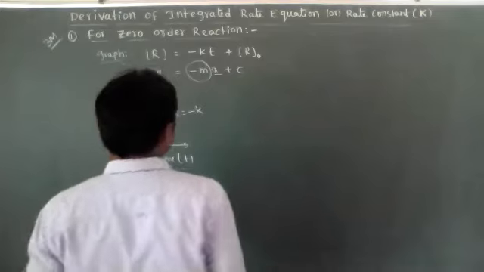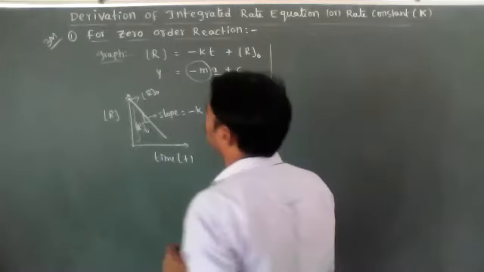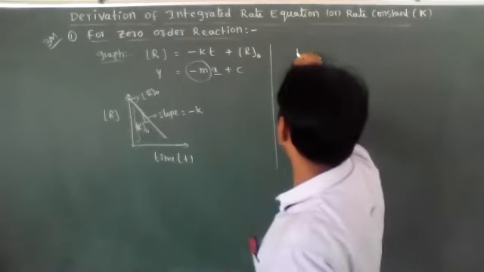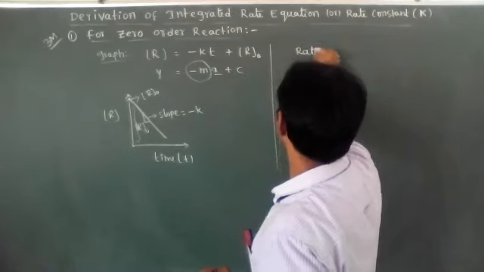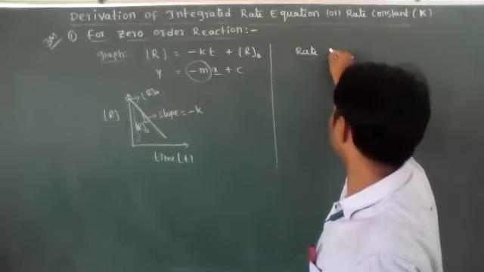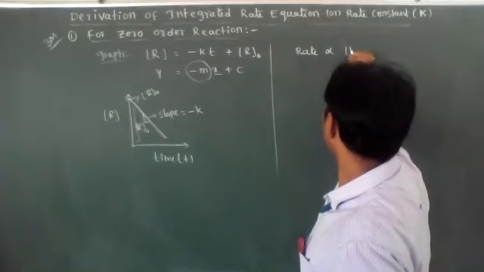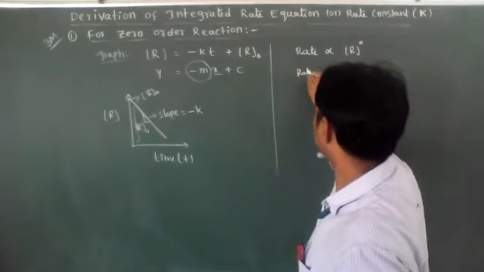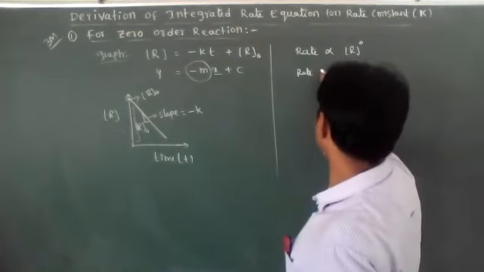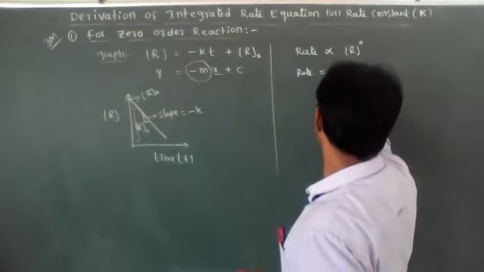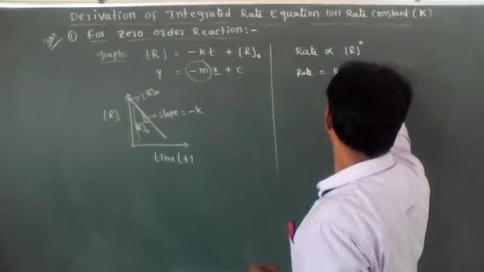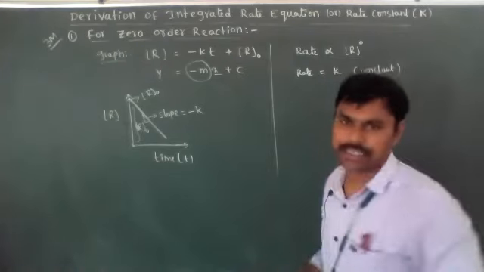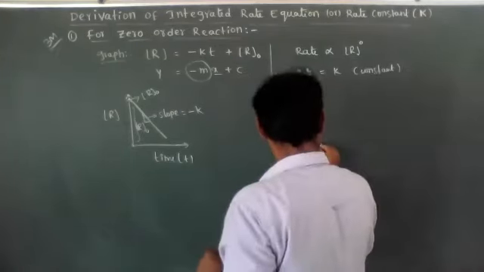And another one is, you have to take another graph, dear students, for zero order reactions. The rate is directly proportional to the concentration of reactants to the power of 0, so the rate is equal to a constant. Rate is constant with respect to time.